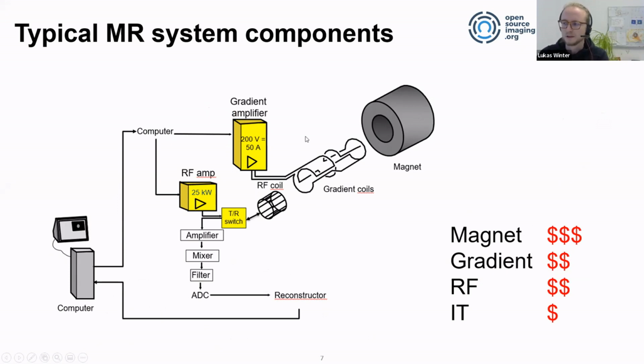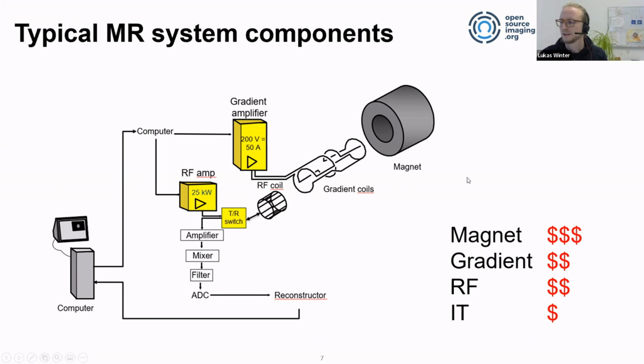So you need higher currents to get strong enough fields, and typically some higher peak power. This is a classical clinical scanner, and then you have receive electronics to receive the signal, which we can also receive with the same RF coils, and a computer that controls all of it and does the mathematics for image reconstruction.